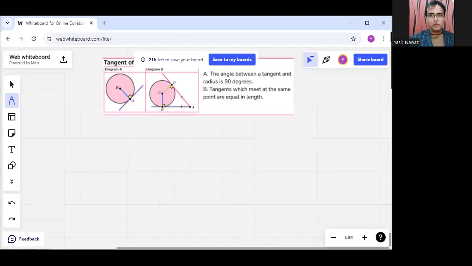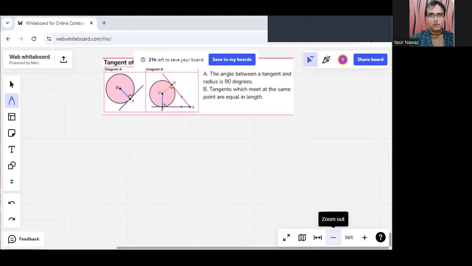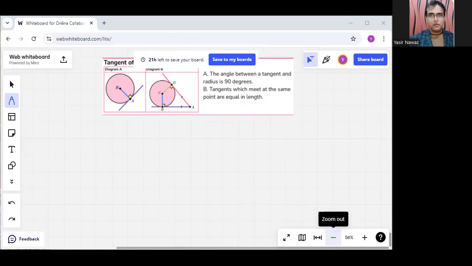The first question in the circle theorem: sometimes if a student gets these kinds of questions, he or she has to think what to do with that question. So I bring the first practice question on circle theorem.